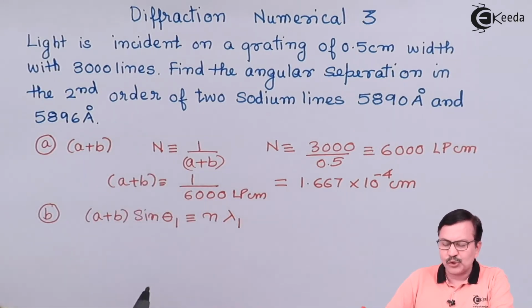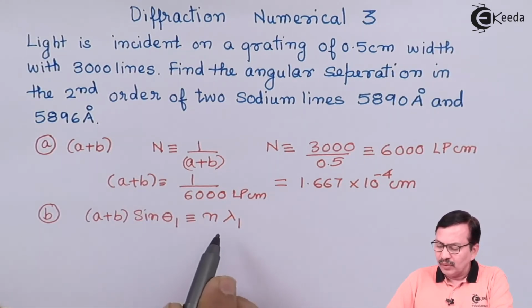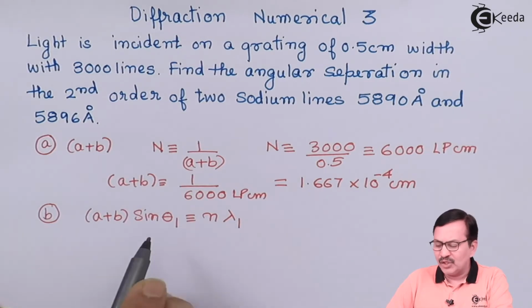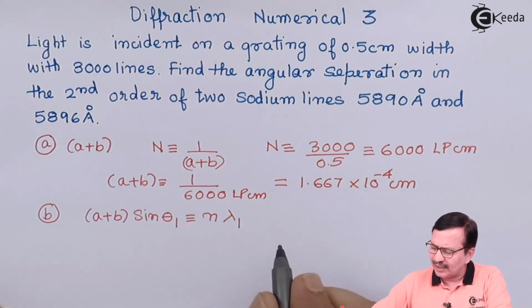The order is 2. We know the value for A plus B, we know the value for lambda 1, and hence we can find out the corresponding diffraction angle theta 1 for the wavelength 5890 angstroms.